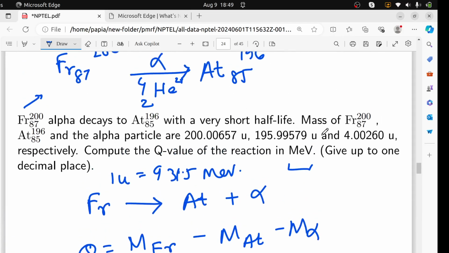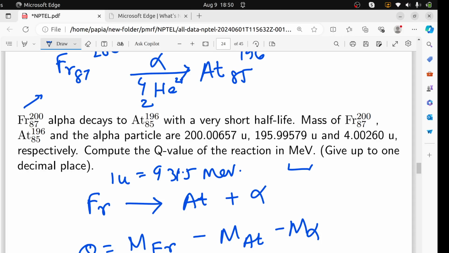Okay, I can tell you one extra thing. There it is given as mass, but they are not giving the exact definition of mass. Is it the atomic mass or the nuclear mass? If the nuclear mass of francium is given, nuclear mass of astatine is given, nuclear mass of alpha is given, obviously alpha is nothing but a nucleus only.